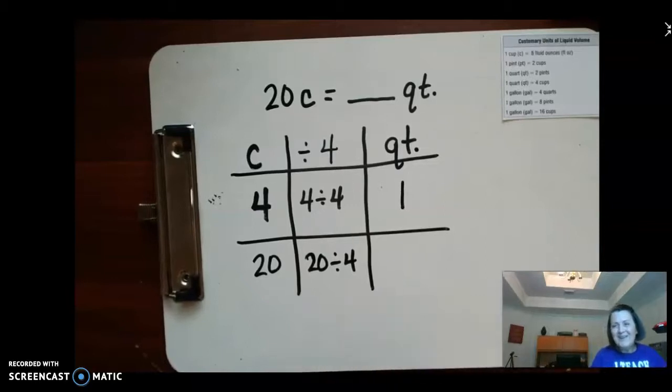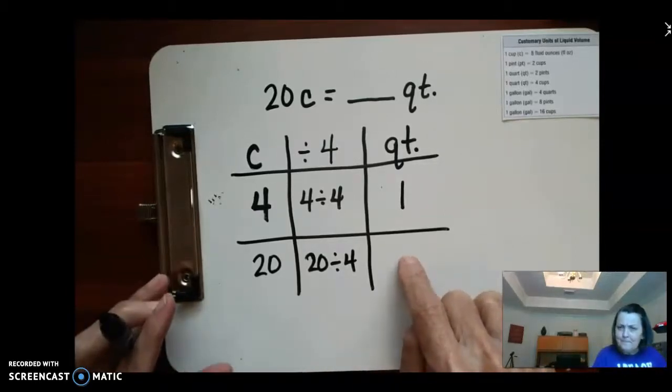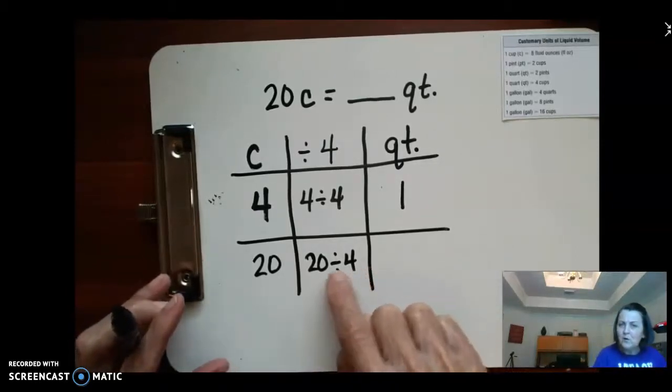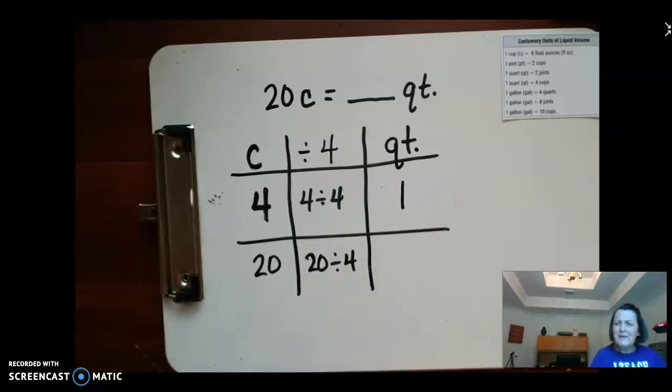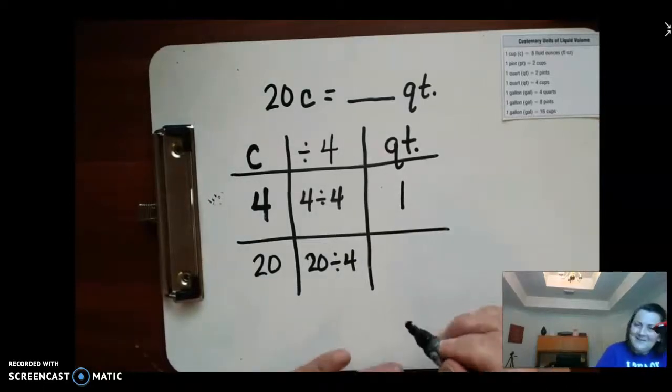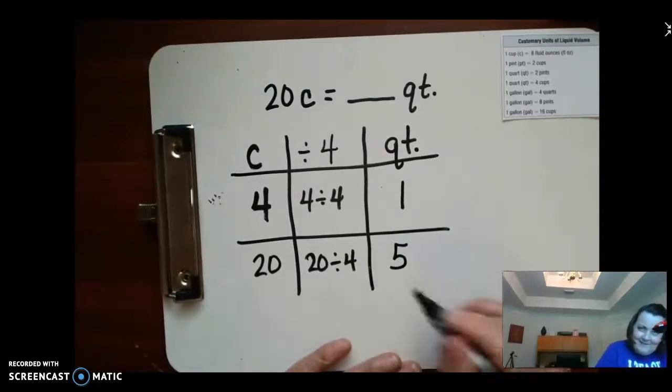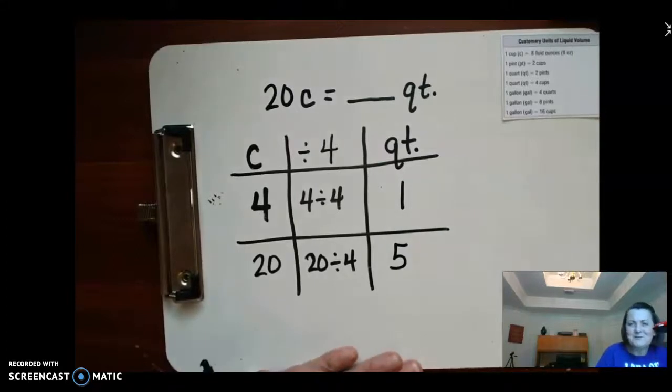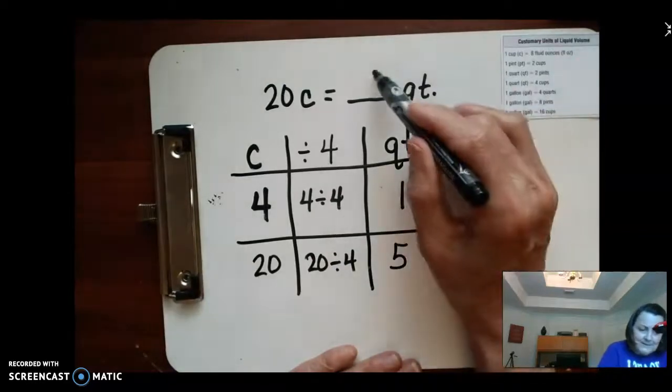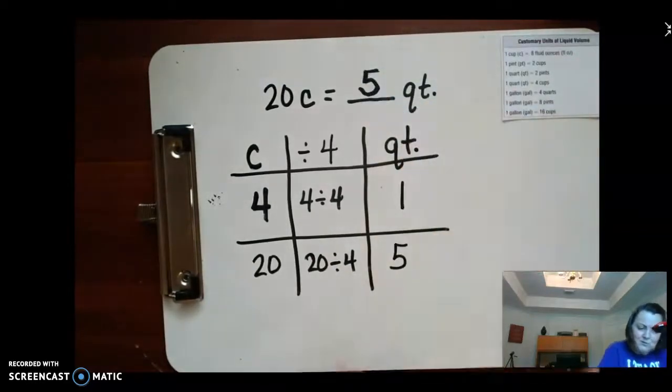Or we could say blank times 4 equals 20. What can we multiply times 4 to get 20? I know. 5. I know that 5 times 4 equals 20. So we can say, boys and girls, that 20 cups is equal to 5 quarts.